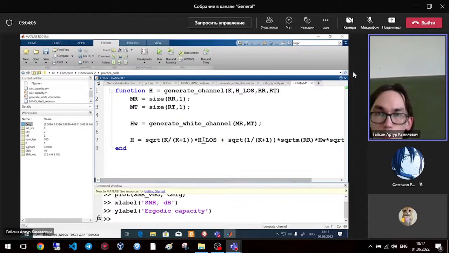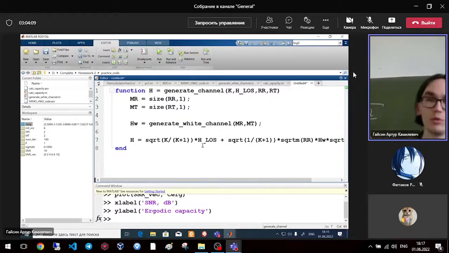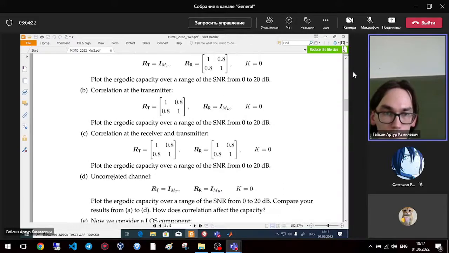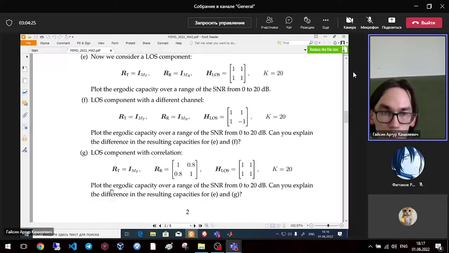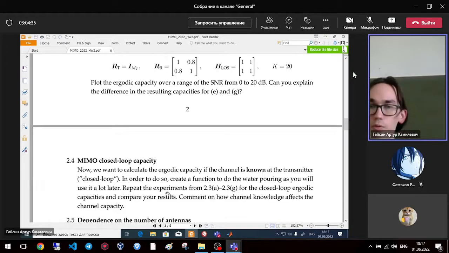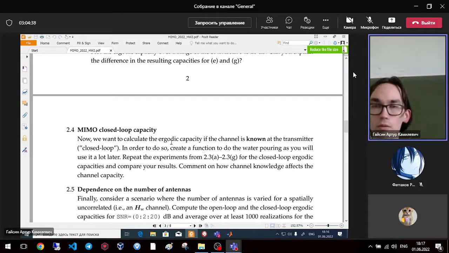So it will be good for you because you will reuse this function, because you can see you have 1, 2, 3, 4, 5, 6, 7 different cases with different values, and also you will have same 7 cases for closed loop capacity. And also for this closed loop capacity, you should write the water pouring algorithm.